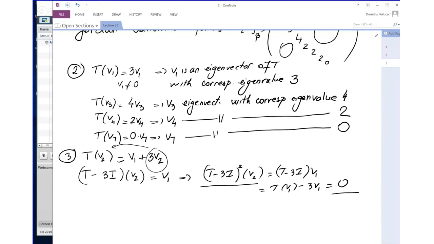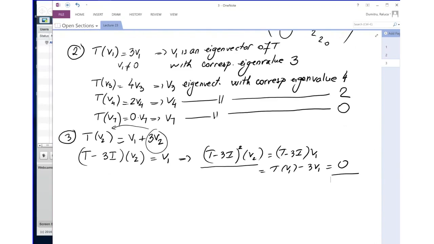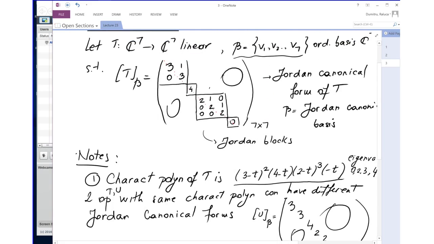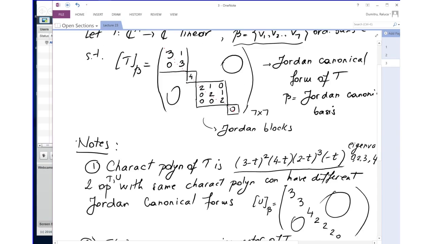But no, it is, in fact, what will be called a generalized eigenvector for T. Okay, well, so let's just make sure that we understand that all of them satisfy some kind of property like this. So we have V1, V2, V3, V4. Let's look at V5. Here V5. V5 is this one here, right? It is going to be V4 plus 2V5.